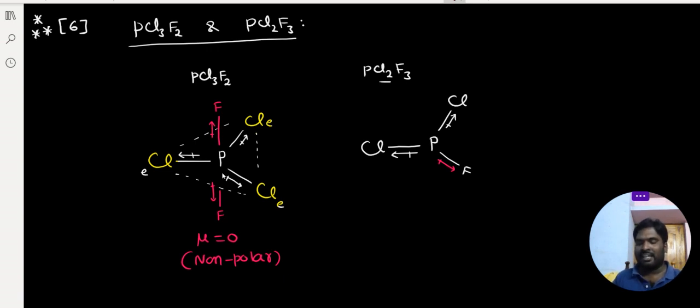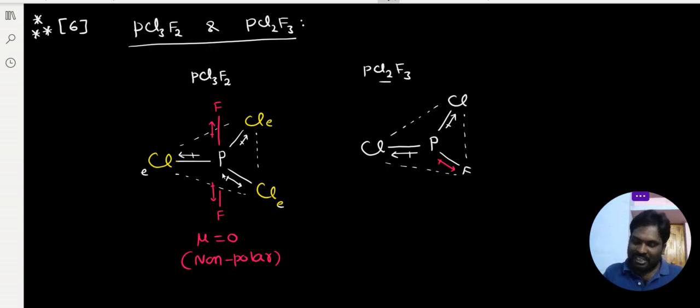In the trigonal planar shape, the three corners have different atoms, so bond polarity is not exactly cancelled out.